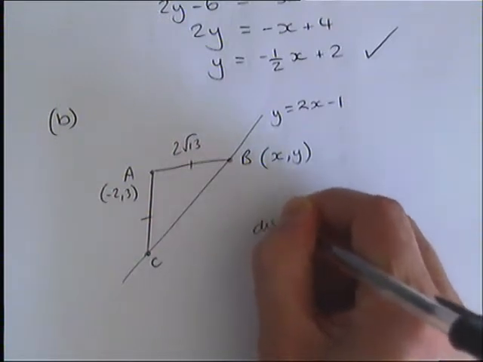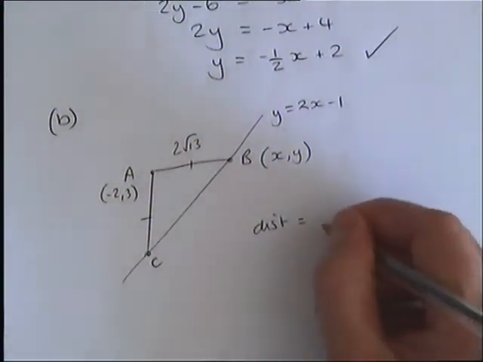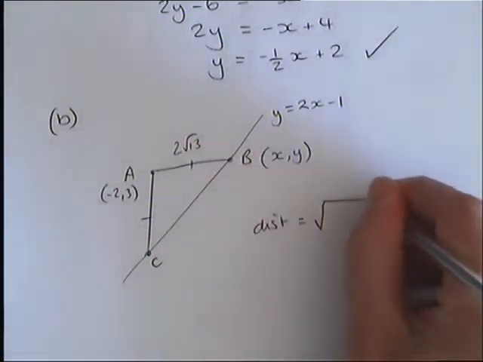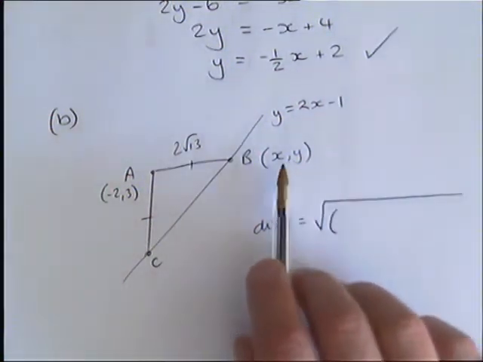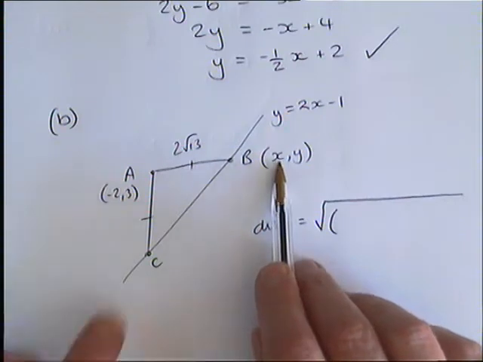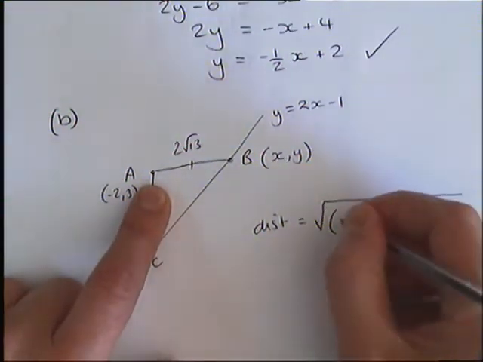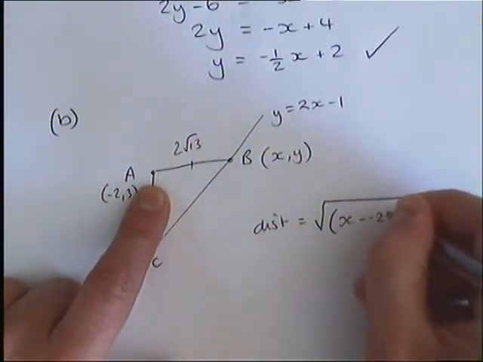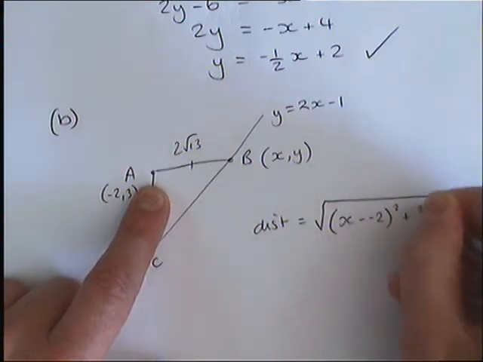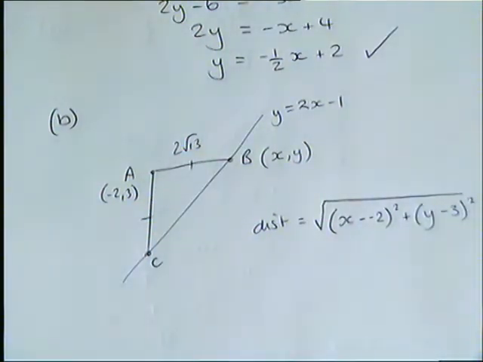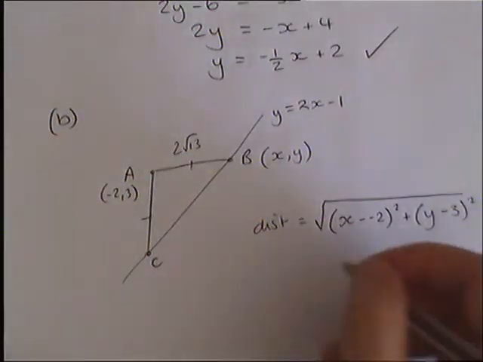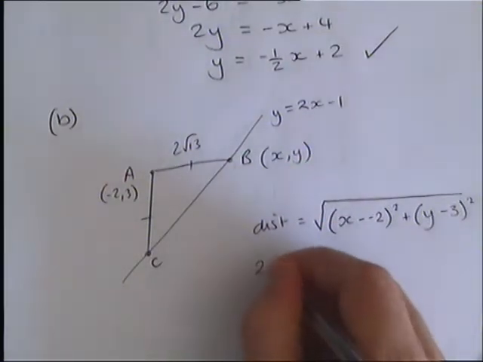Well, the distance between 2 points is basically Pythagoras' theorem, so square root of the difference in the x coordinates, plus the difference in the y coordinates, and we're told that that distance is equal to 2 root 13.